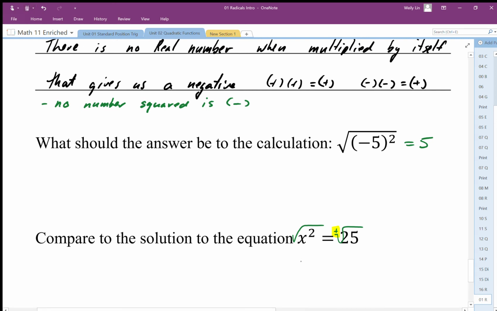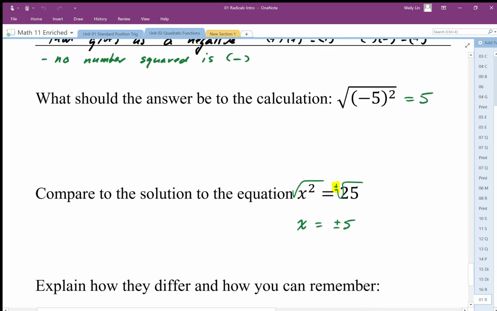So the answer to x squared equals 25 really is positive and negative 5. There are two answers, because when I plug it back in, negative 5 squared equals 25 and positive 5 squared equals 25. When we undo squares, the square root only gives half the story, so we have to do plus minus square root.